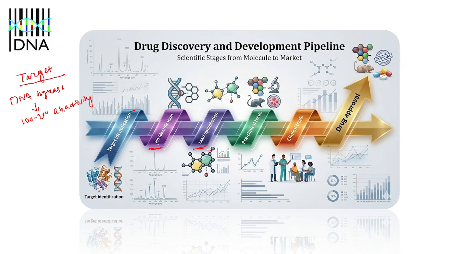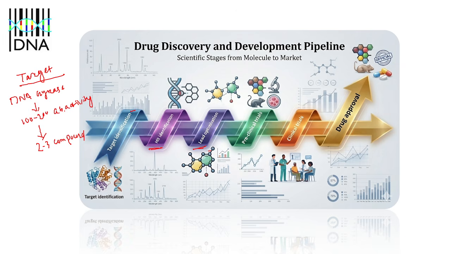After hit identification, we go for lead optimization. From these 100 to 200 antibacterial drugs, we perform the molecular docking process. Then we screen out only 2 to 3 compounds for the lead molecule.